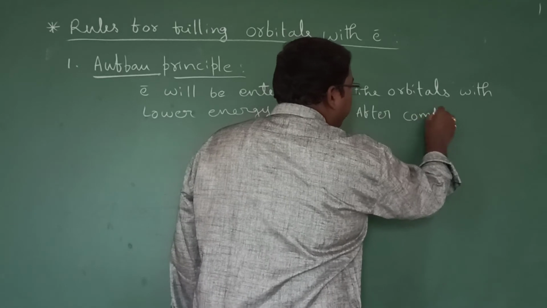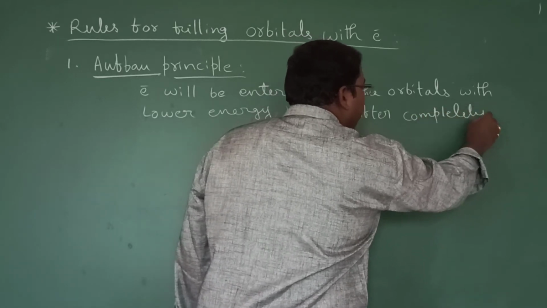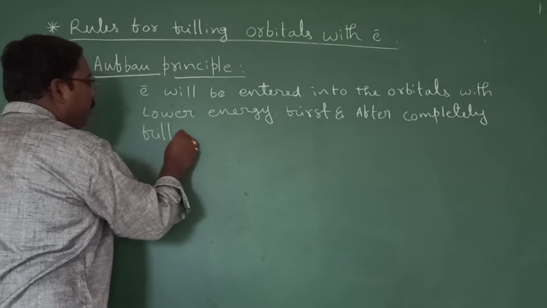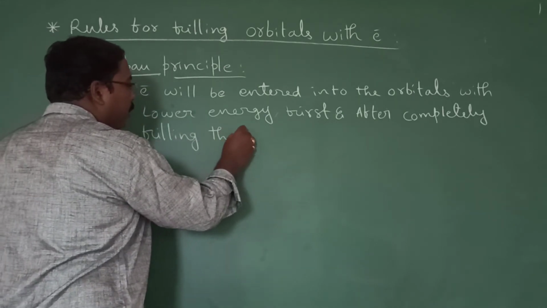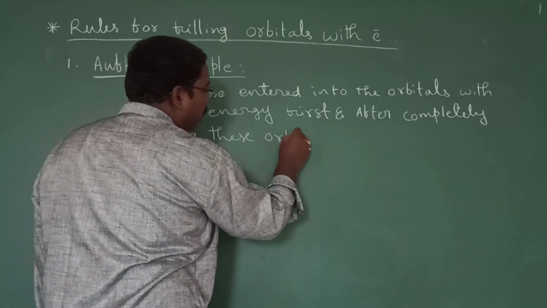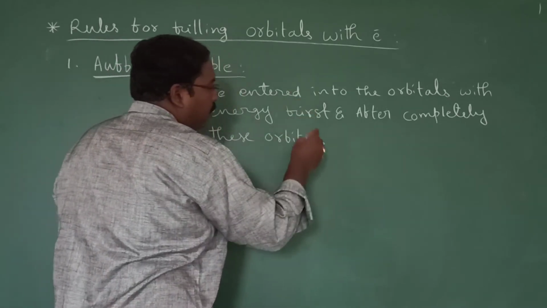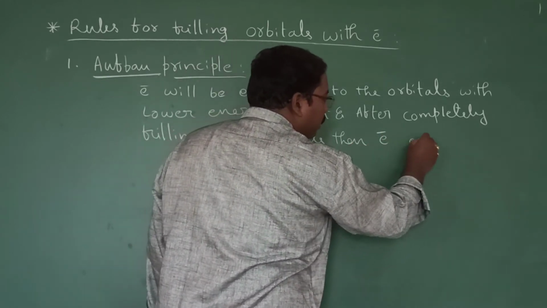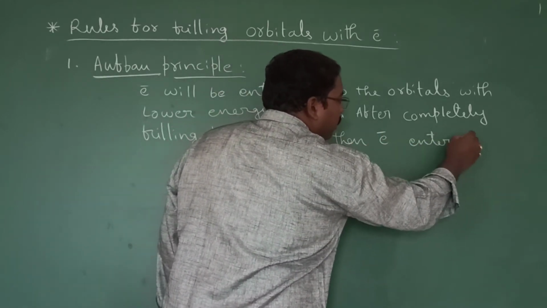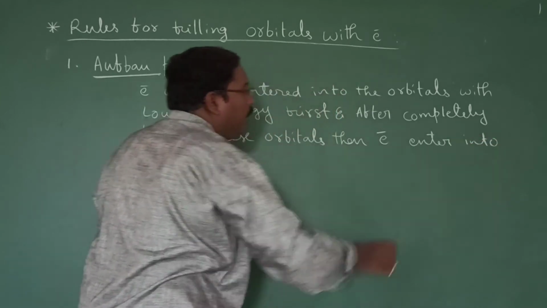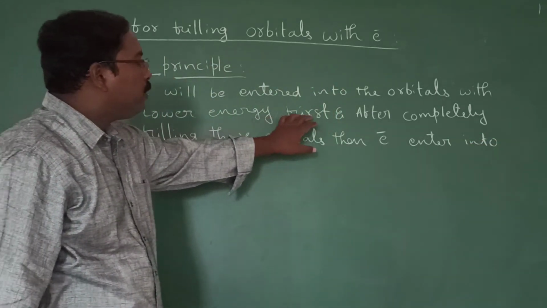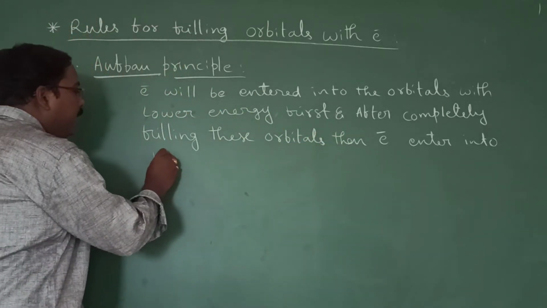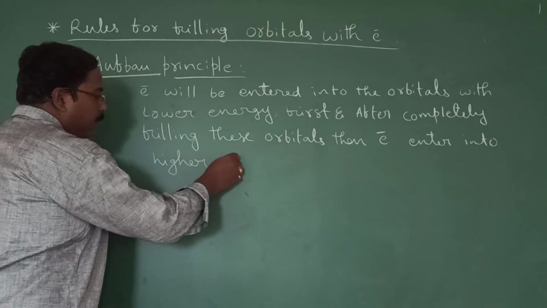After completely filling the orbitals with lower energy, the electrons enter into higher energy orbitals.